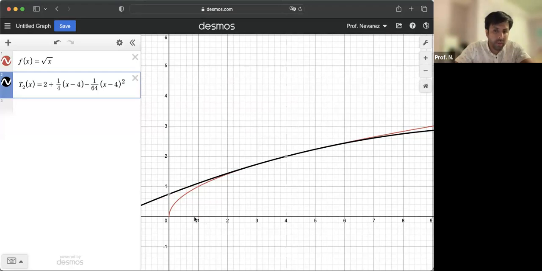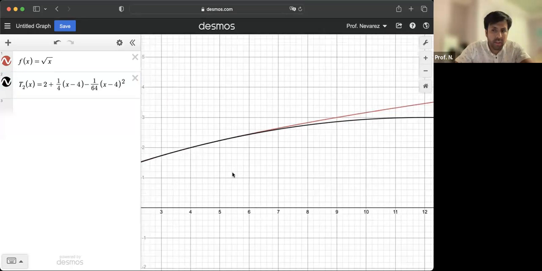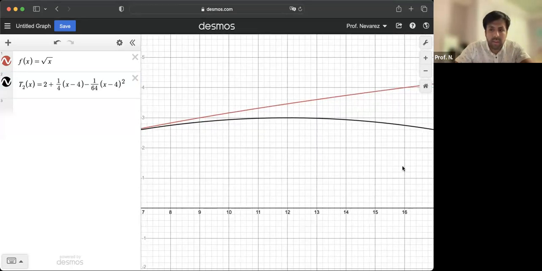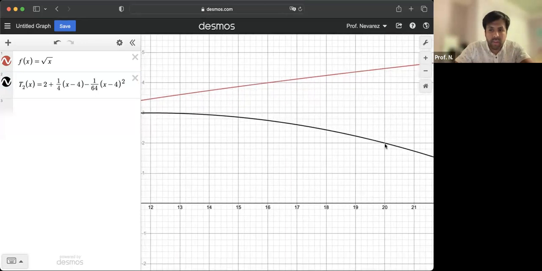If you're out here at 1, you start to see that there's quite the separation. And clearly, if you go farther out to the right, 15 or even 20, the second degree polynomial approximation to the function at 20 is too far away from the actual value of the function at 20.